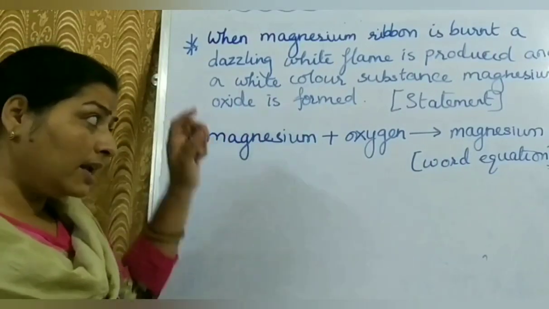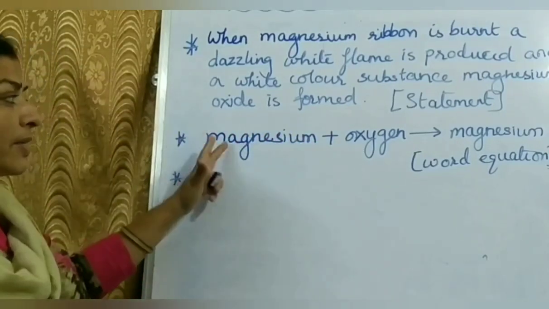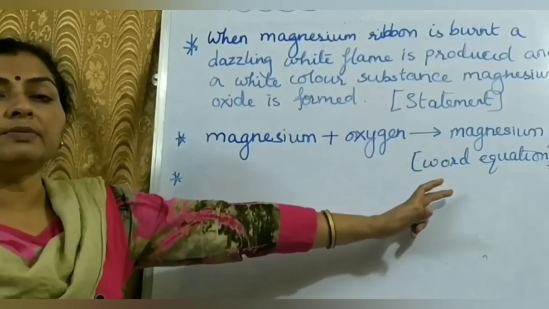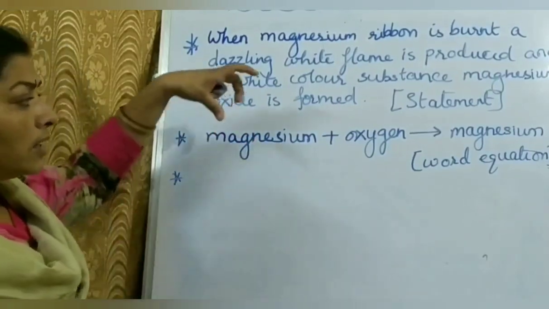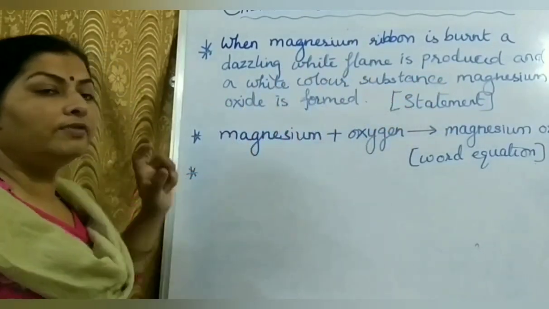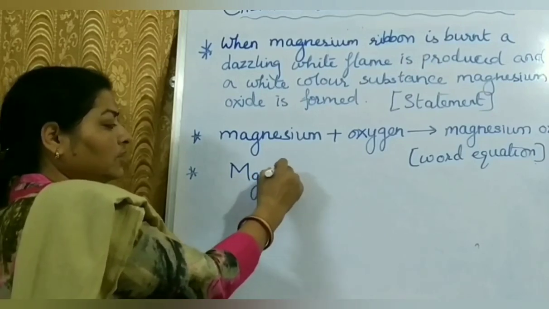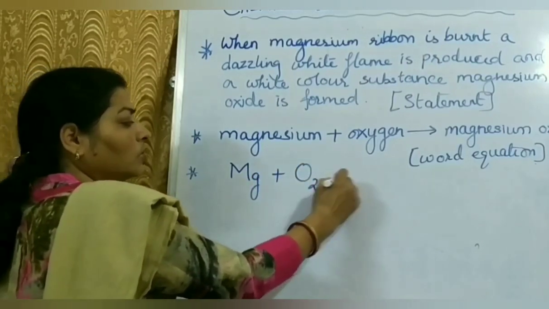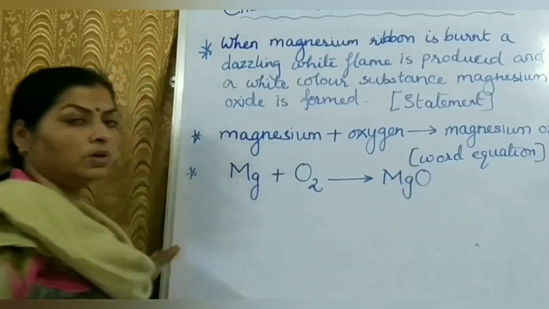So a simple way of expressing this reaction is to express the same reaction in terms of symbols of elements, or if there is a compound in the equation, then we use the formula of the compound. For example, magnesium is indicated by Mg, oxygen as O2, and for magnesium oxide the formula is MgO.